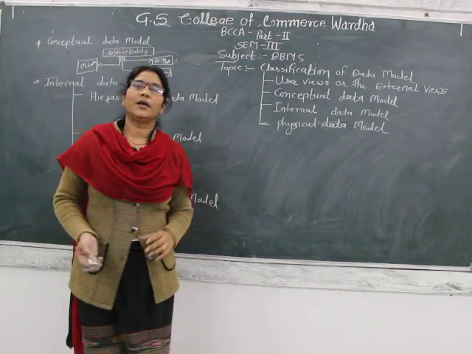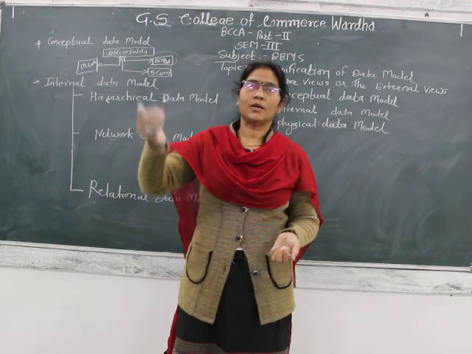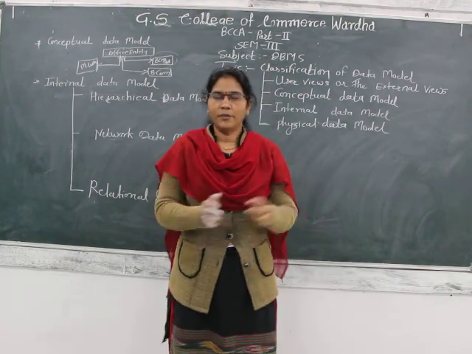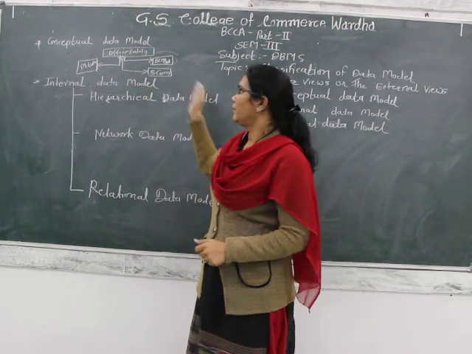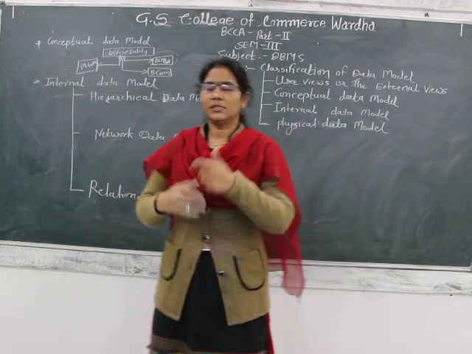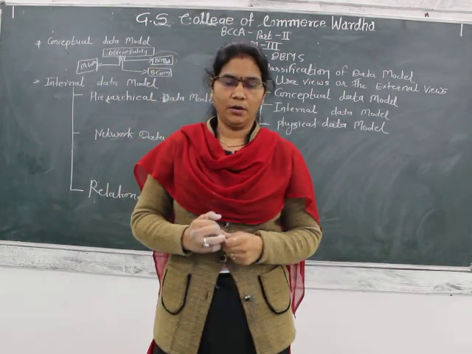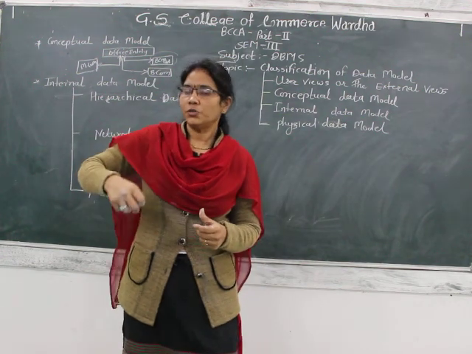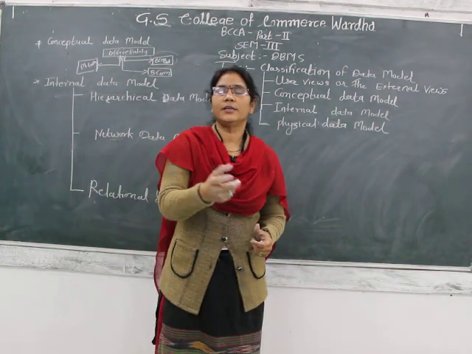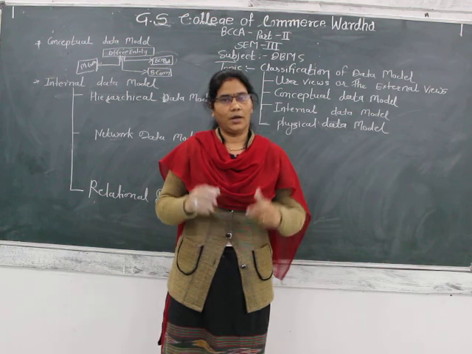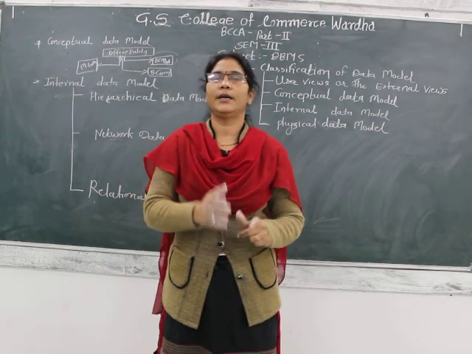The name indicates conceptual, that means we are considering the data flow or functionality between the entities. This shows us the entire entities of the database. You already know about the entity.